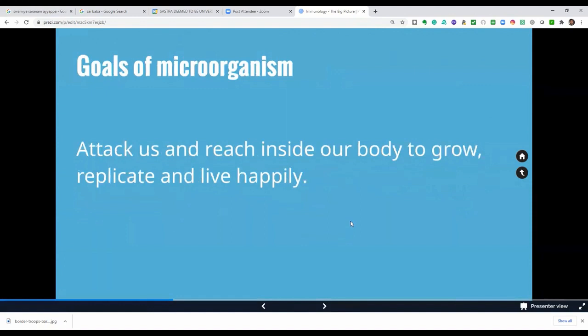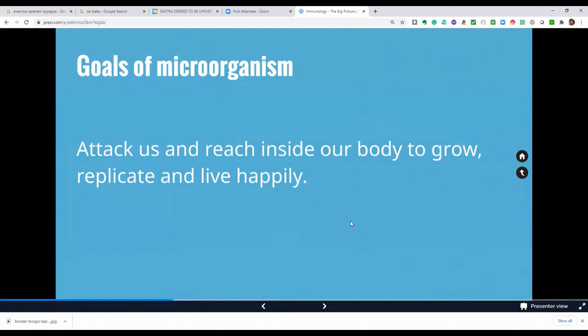Okay, this is an interesting thing. What are the goals of microorganisms? We are talking about bacteria, viruses, fungi, generally pathogens, right? What's the main goal of those microorganisms? They always want to attack the host. In our case, the human is the host, and the microorganisms always want to reach inside our body.